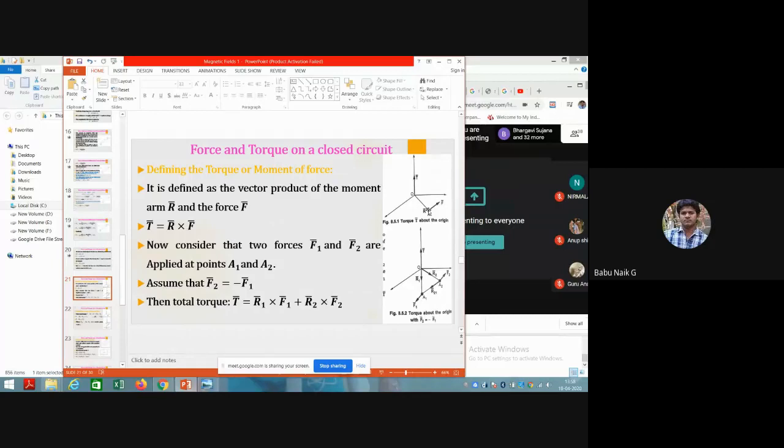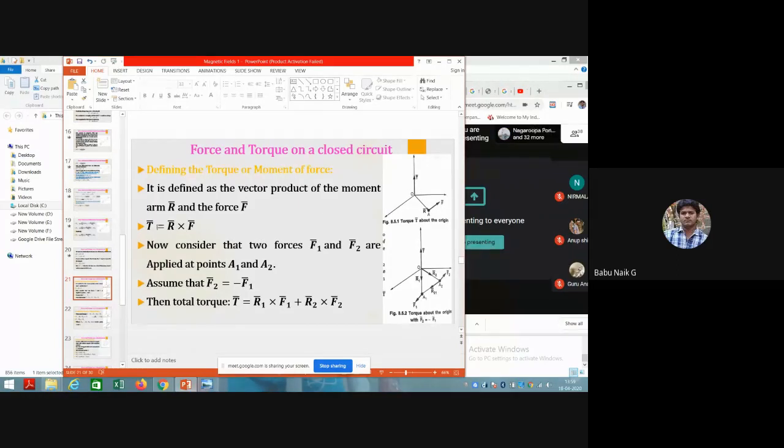Consider one point A in a Cartesian coordinate system x, y, and z, which has a force at that point. The distance arm from the origin to point A is the r vector, the force is in this direction, and the torque produced will be in the z direction.